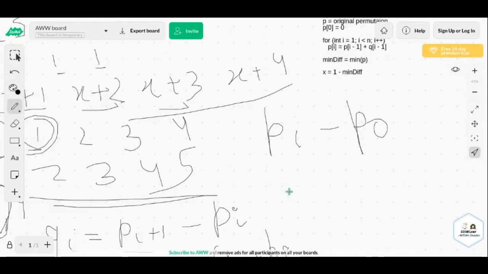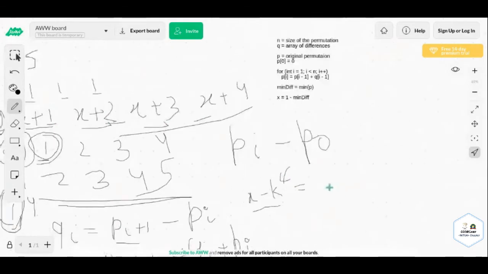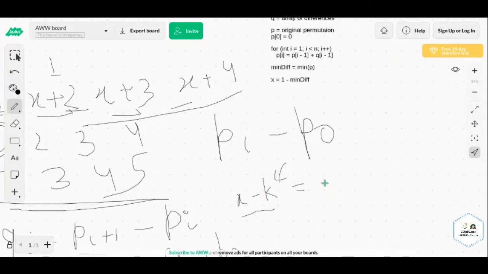Because let's say this is x minus k, where k is the minimum of these, 1, 2, 3 or minus 3, whatever they were. So it is minus k, and we need to make it 1. So x is equal to 1 plus k.